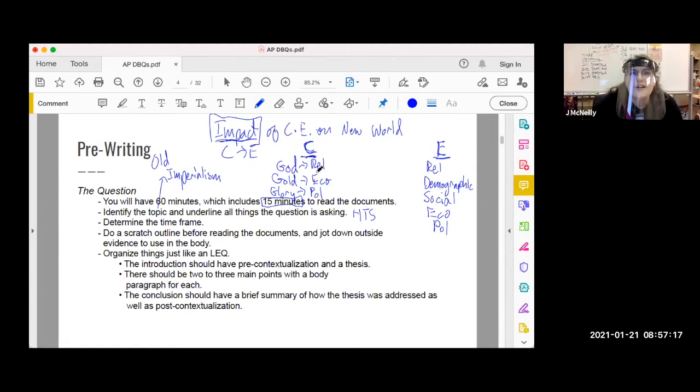If you're looking at causes and you're like, okay, I need to write about effects, so I don't want to spend 40 minutes writing about all the causes of the Columbian Exchange, let's see which one I could argue best. Which of these 3 do you think is one of the most important causes of the Columbian Exchange? The driving force.